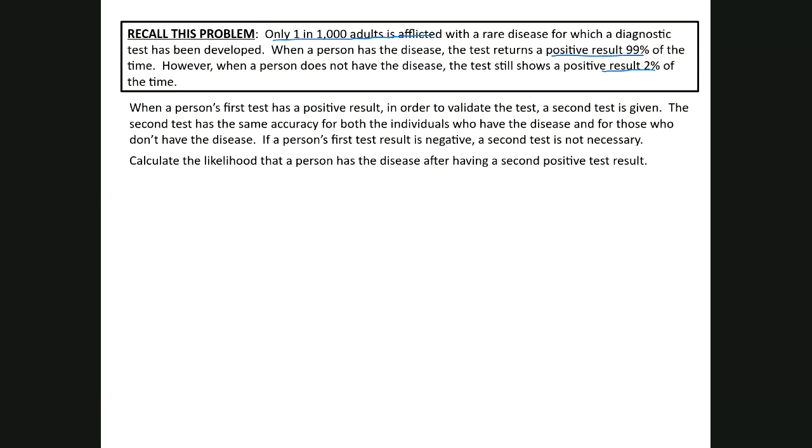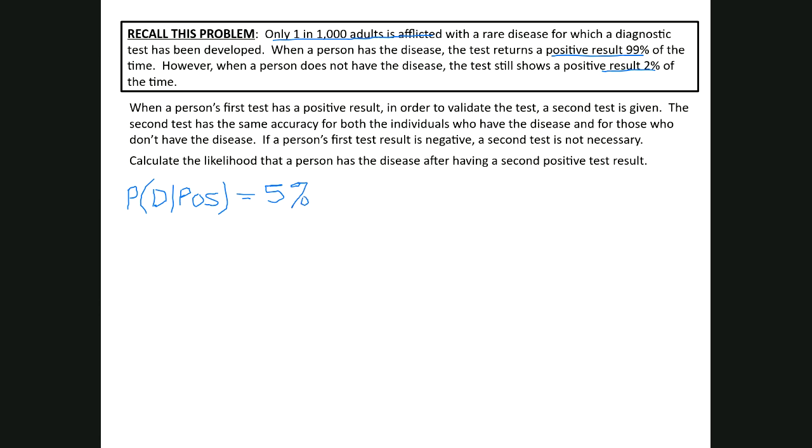And you'll remember last time what we learned was the probability that the person actually had the disease given a positive test. Do you remember what that was? In this case, it was just about 5%.